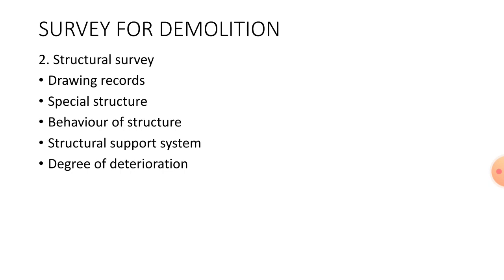Special structures should be known, whether it is a special structure or not. Then the behavior of the structure, structural system, support system, and degree of deterioration, right? What sort of method should be used for the building which is to be demolished, right? These are the points that should be covered in the survey.